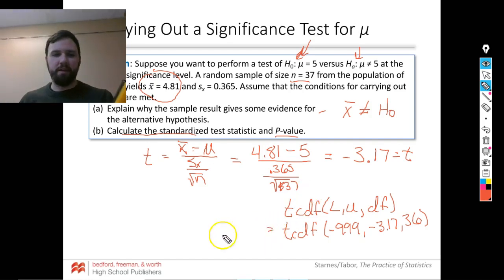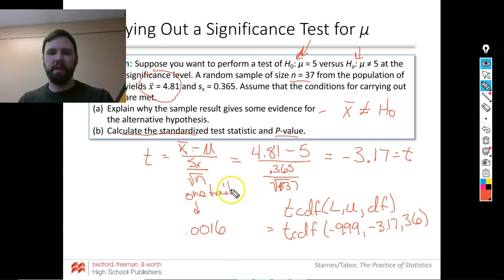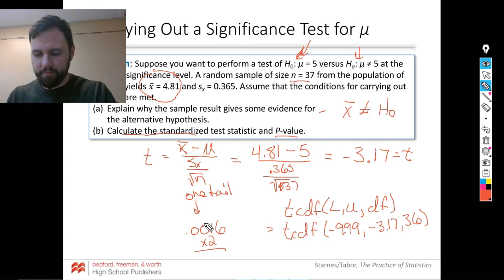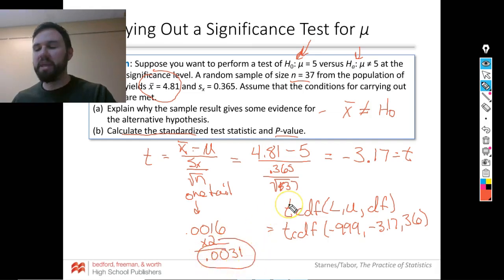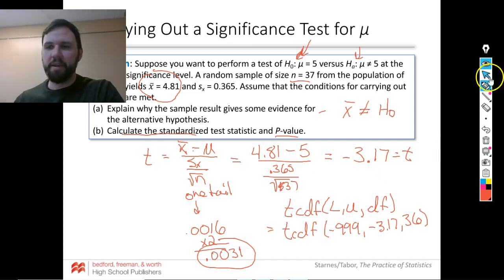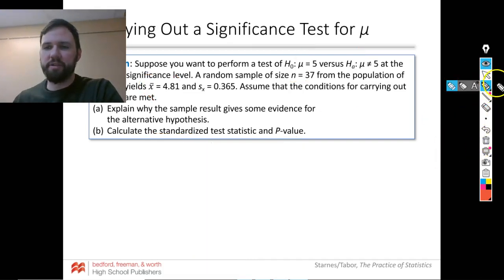That gave me 0.0016. Now that's just one tail. Because it's not equal to, I need to find both tails, so I need to times that by 2. That gives me, since I didn't round when I plugged it into my calculator, 0.0031. So my p-value is 0.003. All right, there we go. Let's see what they got. Let's see if we match.